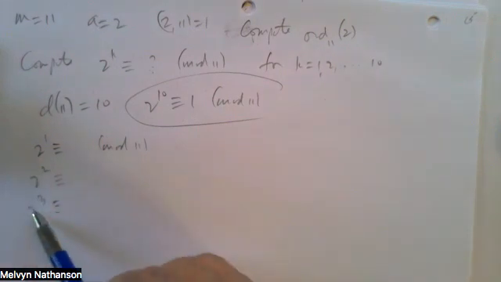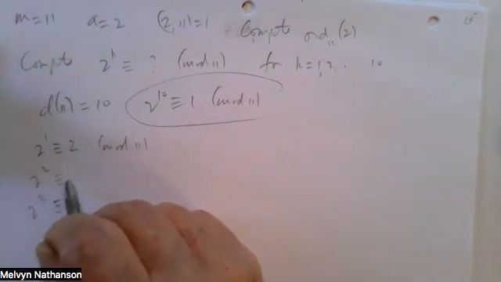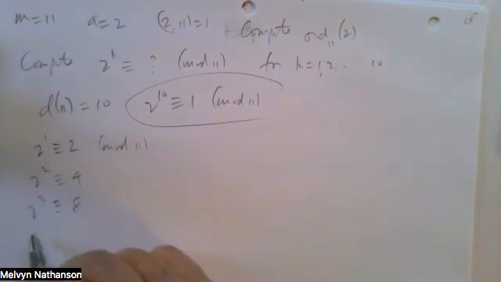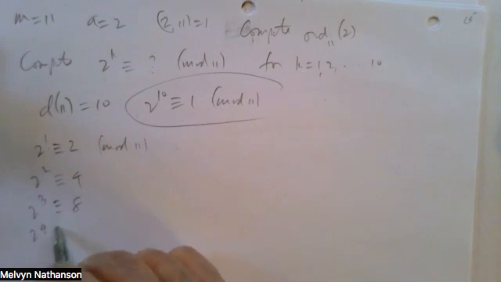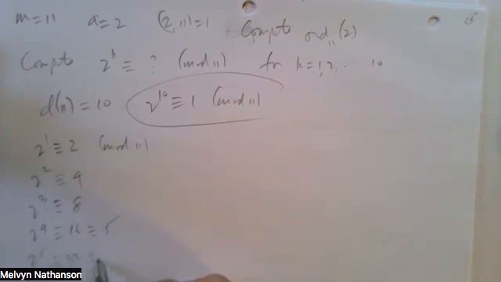Compute every power of 2 until you get 1. 2 to the first power is 2, 2 squared is 4, 2 cubed is 8. None of them is a 1. 2 to the fourth is 16, which is 5 mod 11. 2 to the fifth is 32, which is 10 mod 11. And you could keep on going.